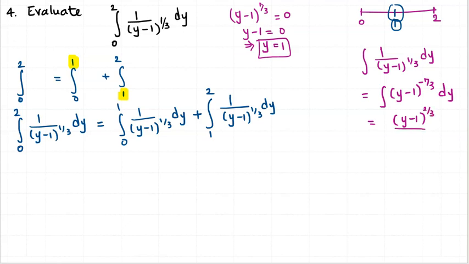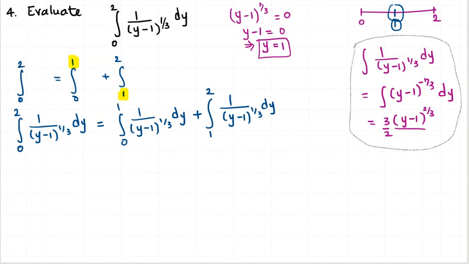And in the denominator you have 2 over 3, so this 3 goes up. So you can write it as 3 over 2.